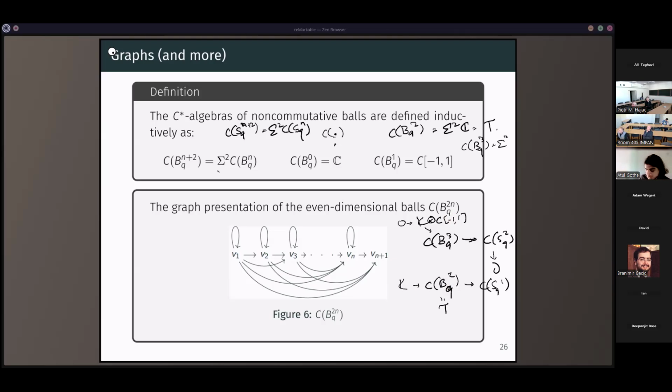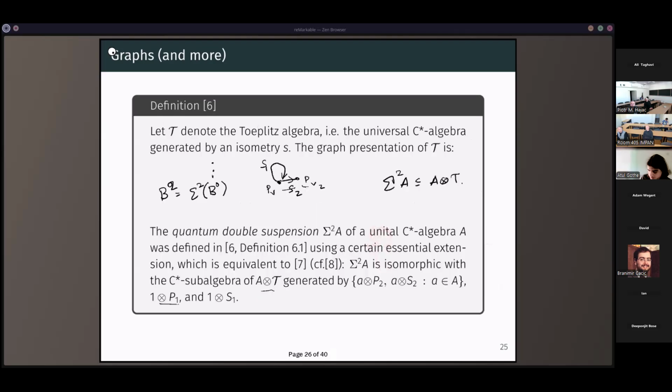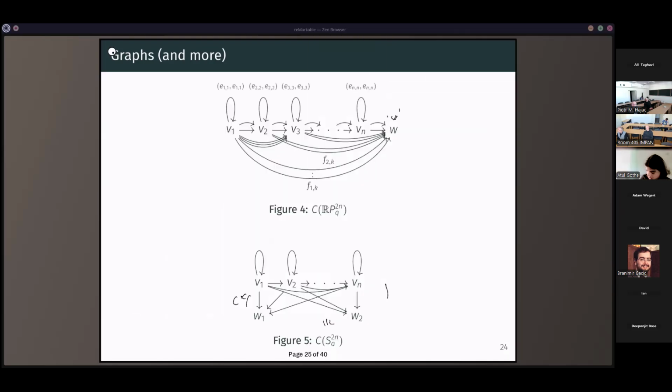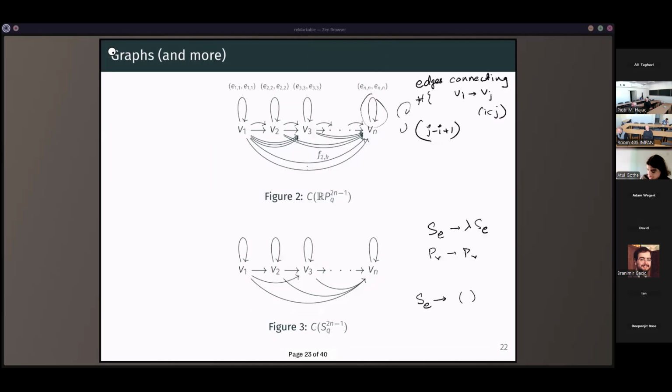And for even dimensional balls, they have just a normal directed graph presentation, which is the same as SQ2n plus 1, but we do not have a loop here. Instead, the final edge. So for BQ2n, it's exactly like SQ2n plus 1.